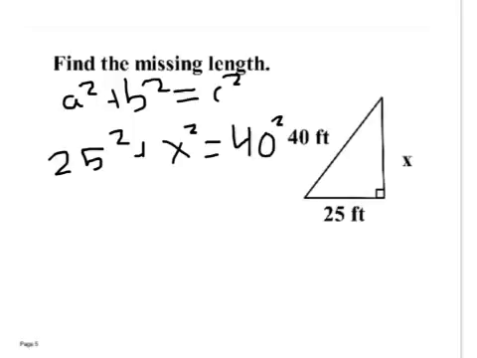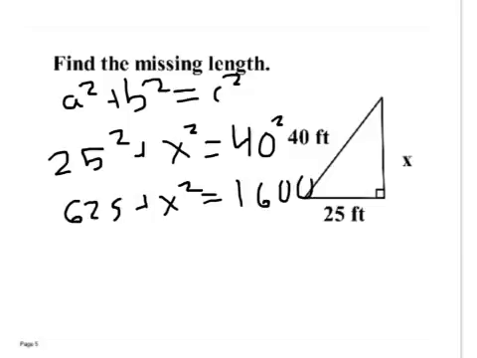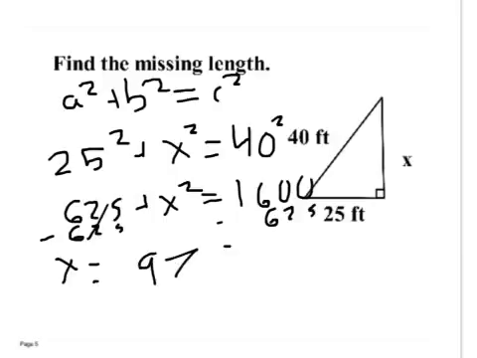So I have 25 squared, which is 625, plus X squared equals 1600, 40 times 40. So we take 1600 minus 625. We get 975.